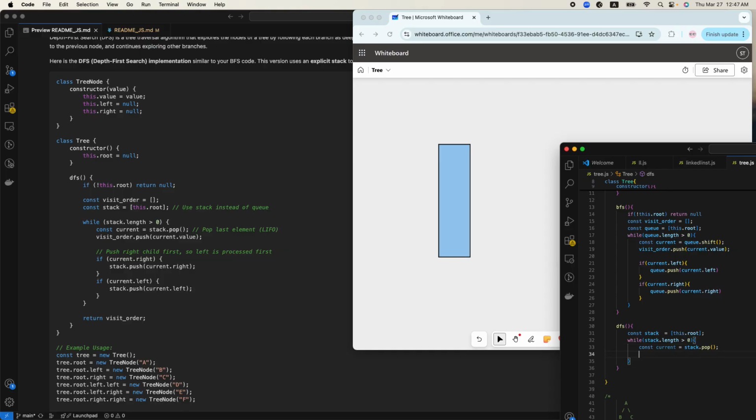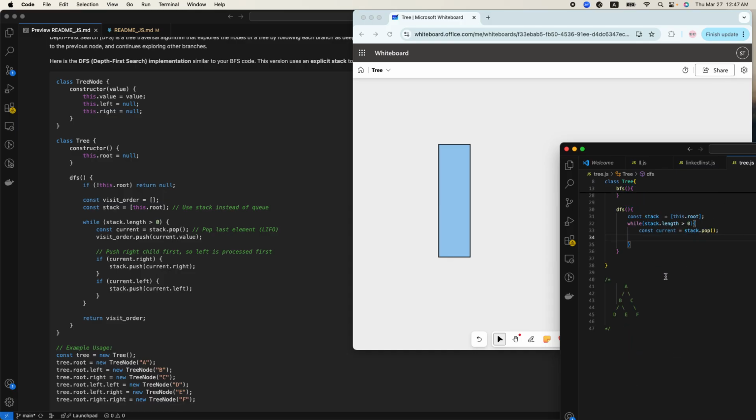That can be any process. For example, if you are looking for a specific node, we can check or do whatever process we need on the current node, which was just extracted from the stack. Once the process is done with that node, we have to add its children. Right now we process node A, so we check if node A has a right or left child. If it has, we insert its children as well.